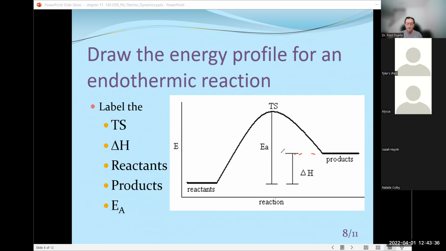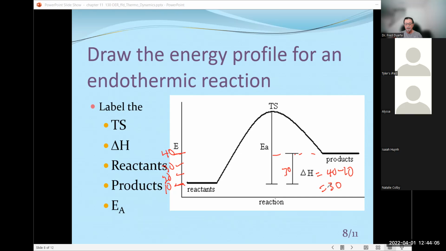Let's go over here all the way across, and say again 10, 20 arbitrary units, 10, 20, 40, right? So delta H is the product energy level, which will be about 40, minus the reactant energy level, which will be about 10.